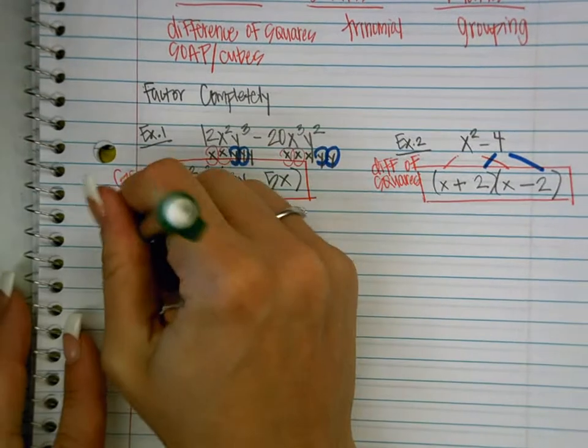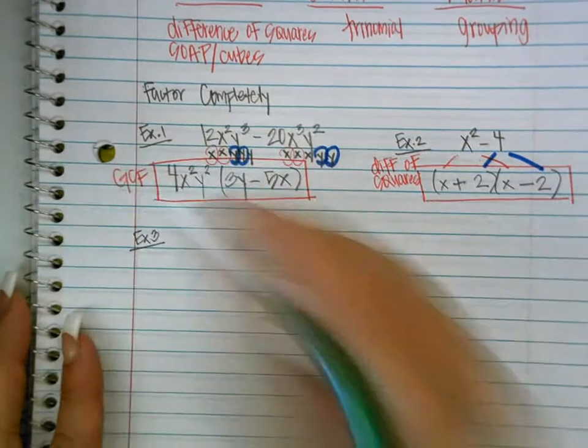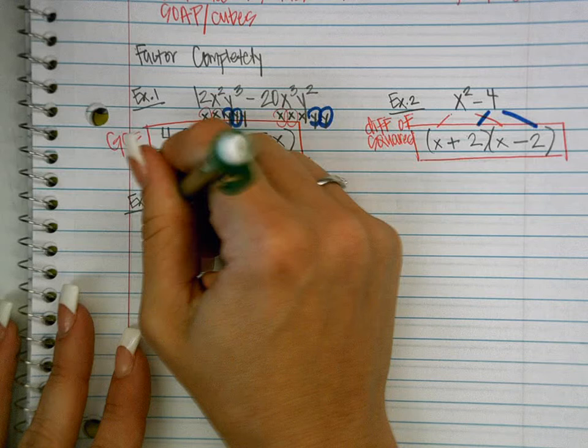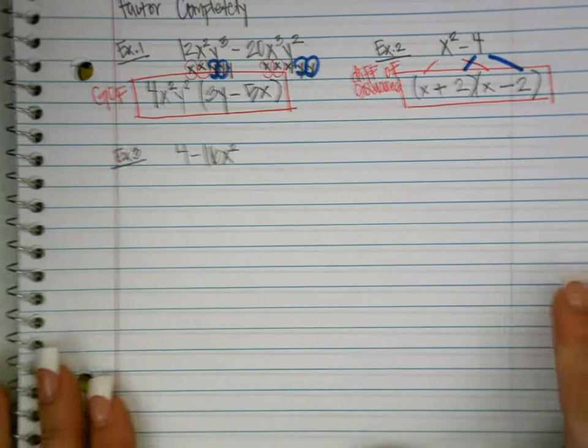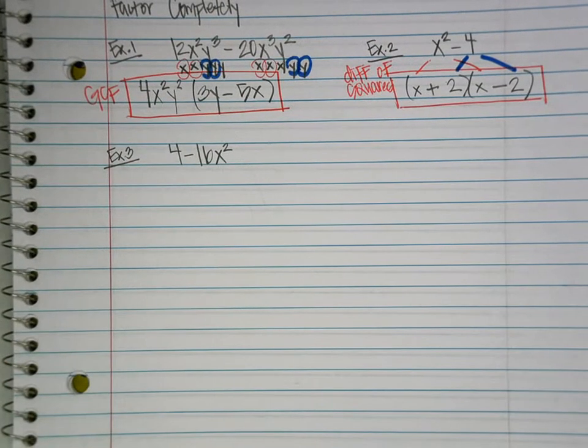The next kind I want to look at for number 3 is I would like you to, again, factor completely 4 minus 16x squared. What kind of factoring do you think you could do here?